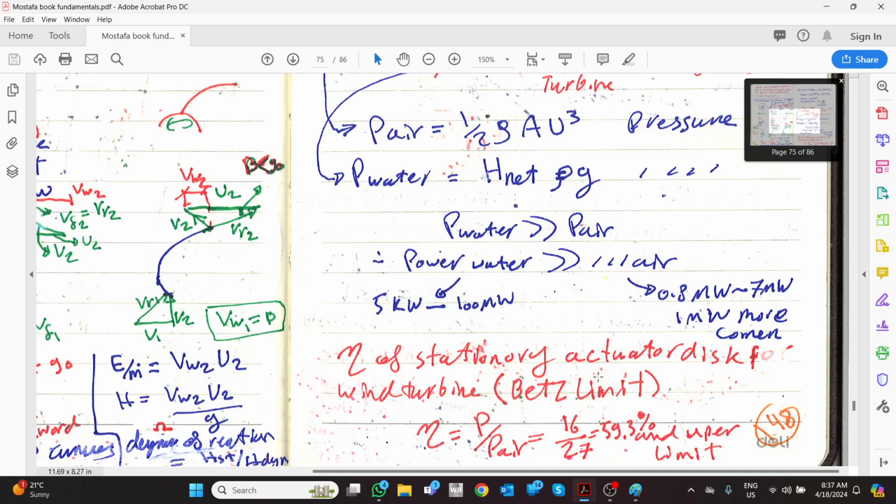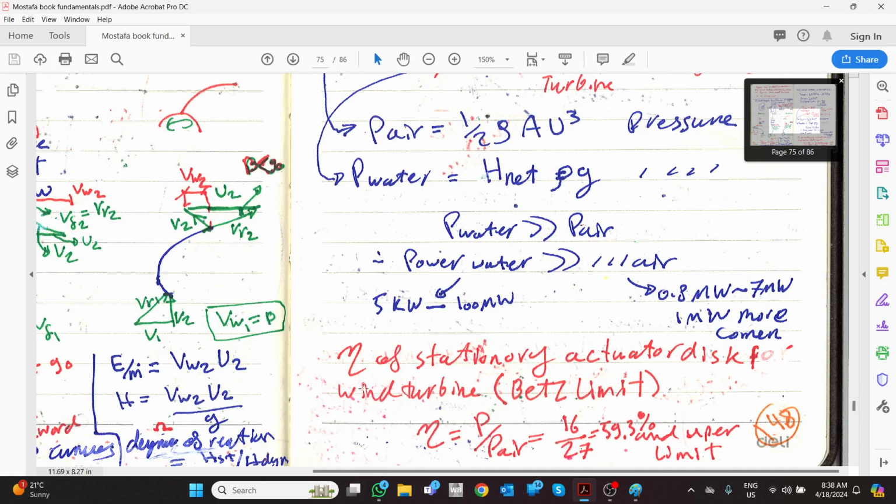Okay, what I already described is that it is impossible to take the full kinetic energy in the turbine. It was defined by one person, his name is Betz, the Betz limit.